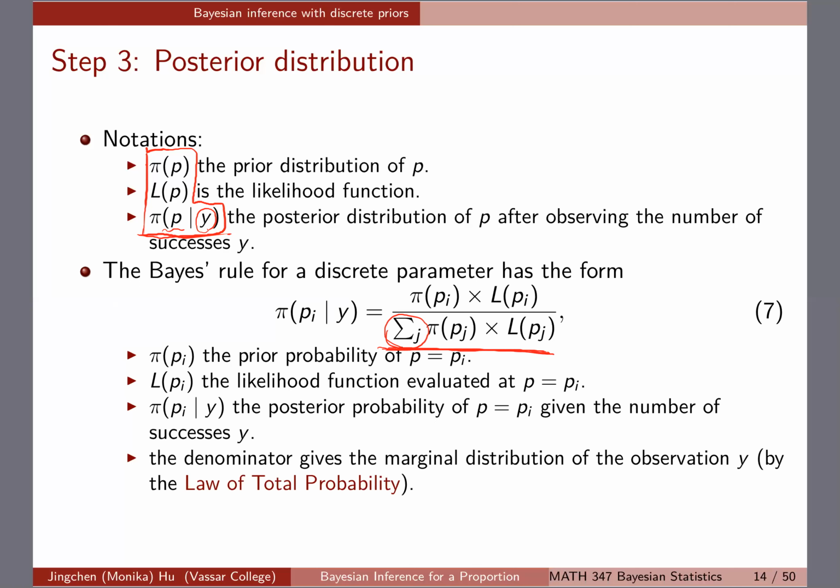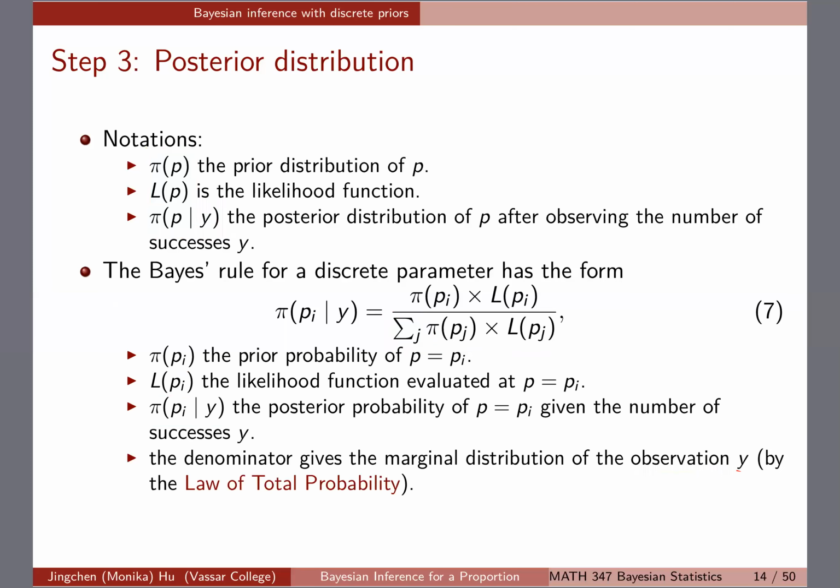So pi(p_i) is the prior probability for a particular P value equal to i, L(p_i) is the likelihood function at that point, and pi(p_i given y) will be the posterior probability at that point. The denominator gives the marginal distribution of the observation by the law of total probability, which we covered a little bit in the introduction as well. Because it's discrete, we're using summation. Later in the next unit, when we're dealing with means, we'll start using continuous distributions, and then we'll have to do a lot of integration.